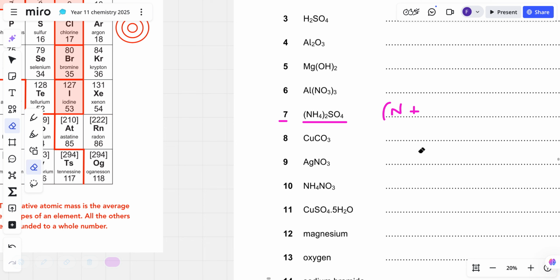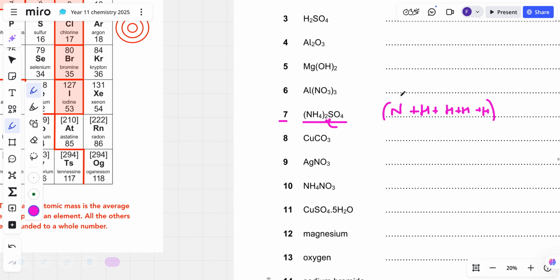So I'm going to do it the long way. So I got 1 nitrogen, 4 hydrogens. The nitrogen add 4 hydrogens: 1, 2, 3, and 4. Okay. Oops. Yeah, and it's for ammonium. For some reason, I thought it was ammonia. All right. So that's in your bracket, and there's a little 2 outside.